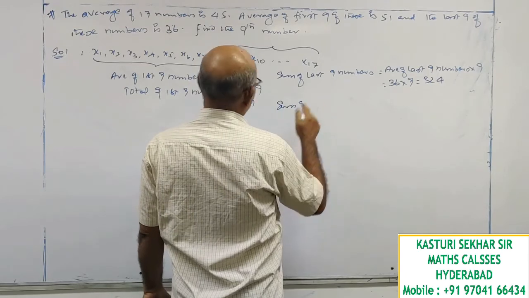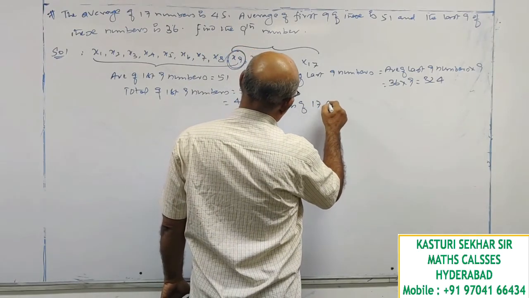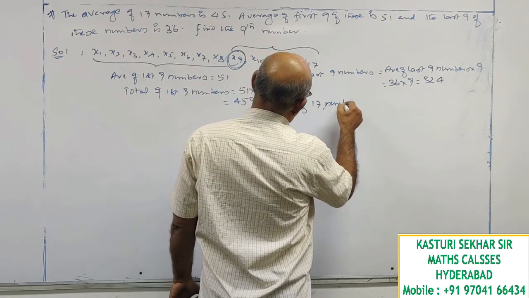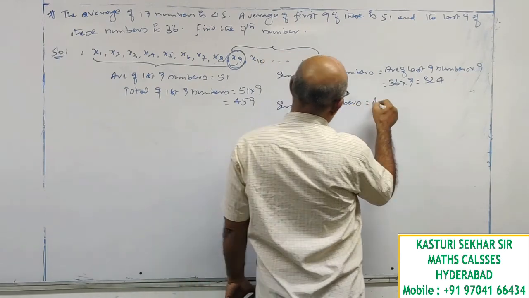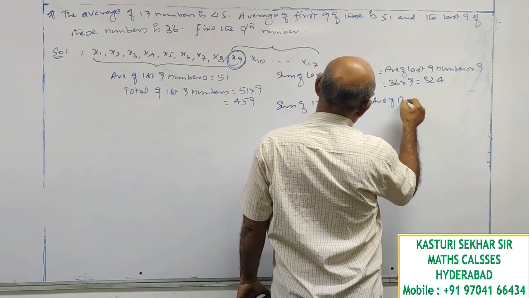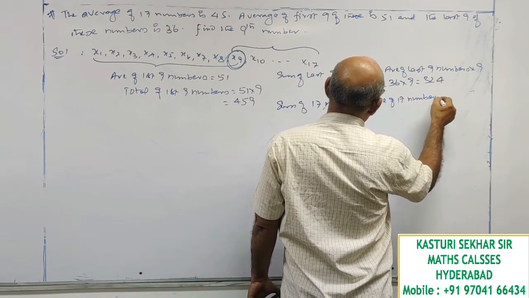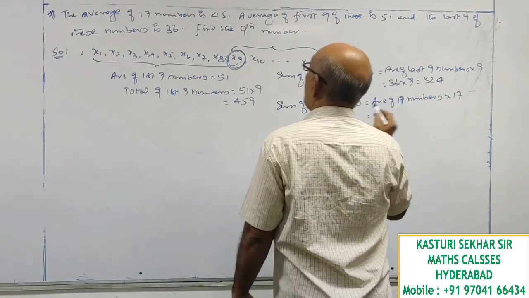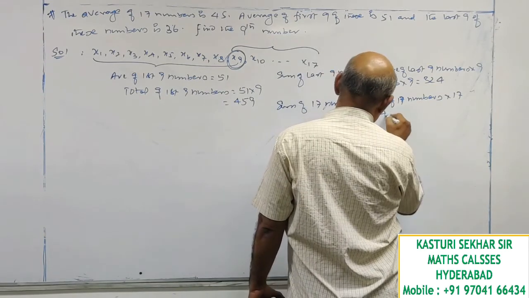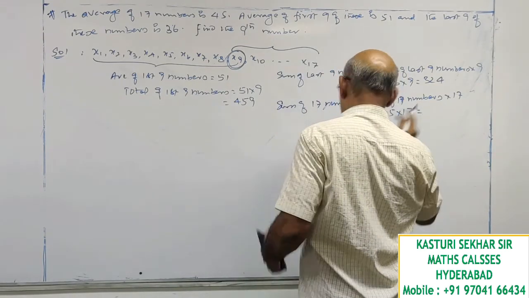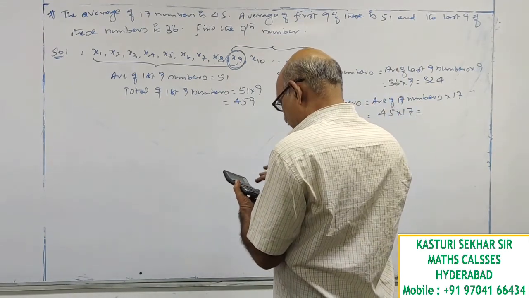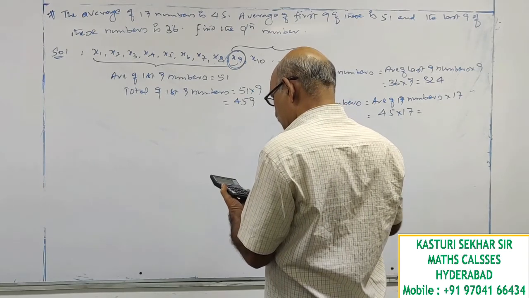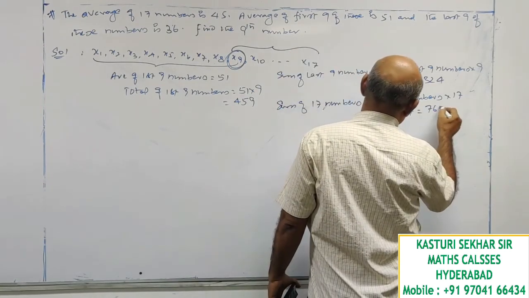Sum of 17 numbers is equal to average of 17 numbers into 17. Average of 17 numbers 45 into 17, 765.